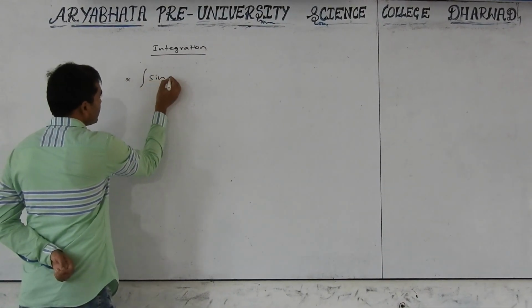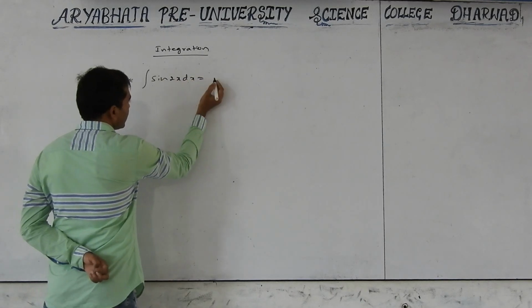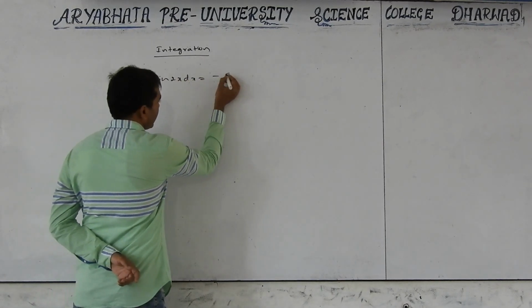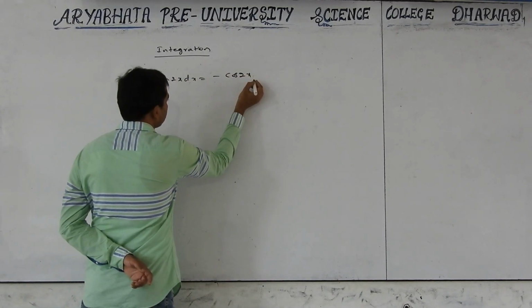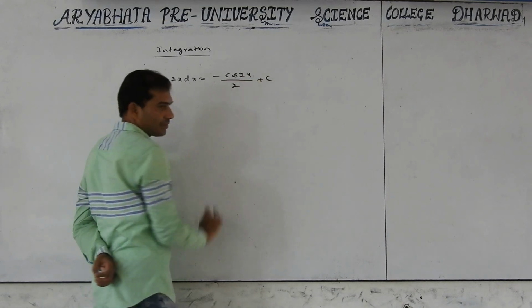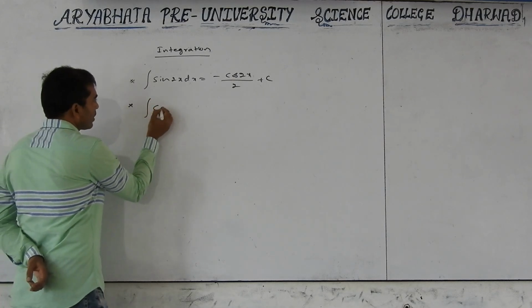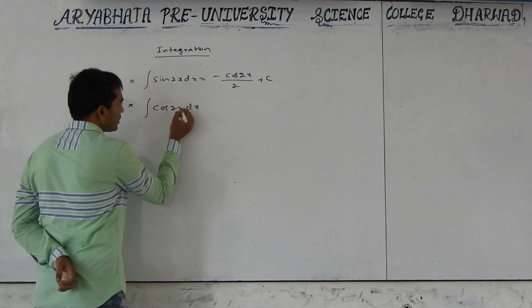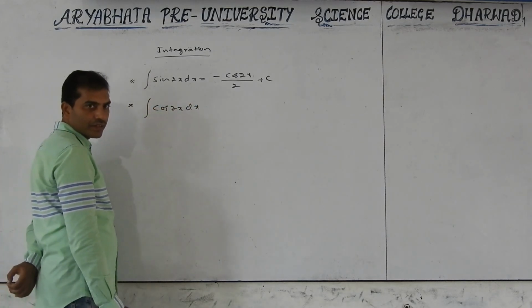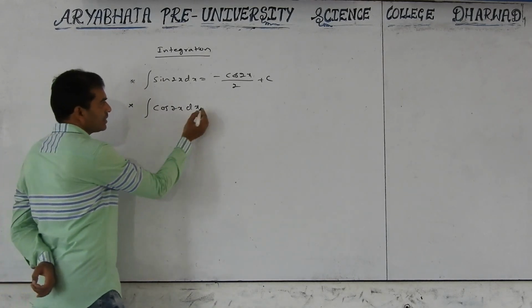Integration. Now we have discussed integration of sin 2x dx equal to minus cos 2x by 2 plus c. Right? Similarly, integration of cos 2x dx. Can you expect what answer you get?